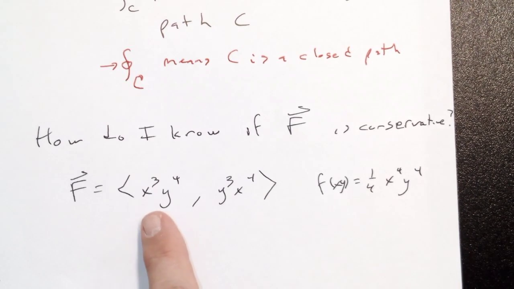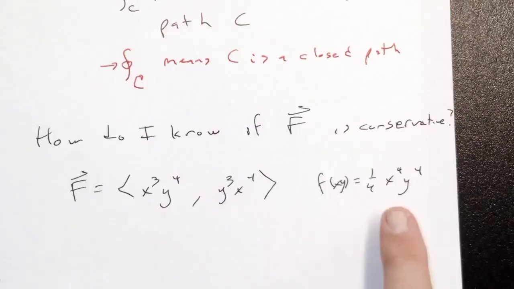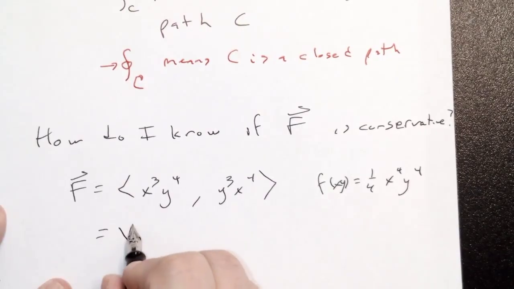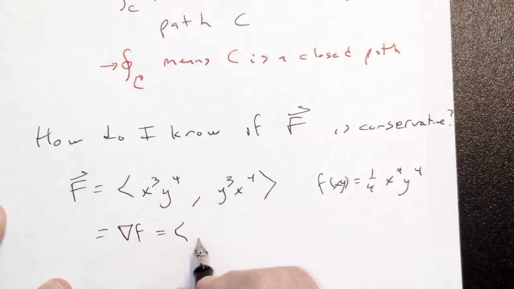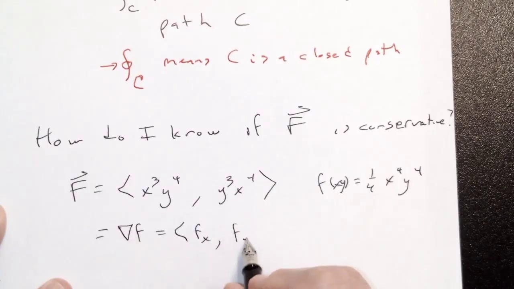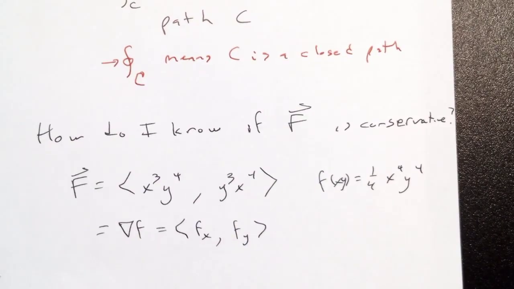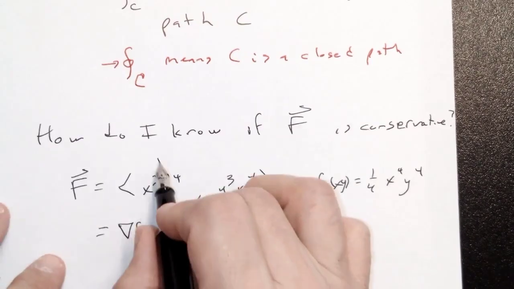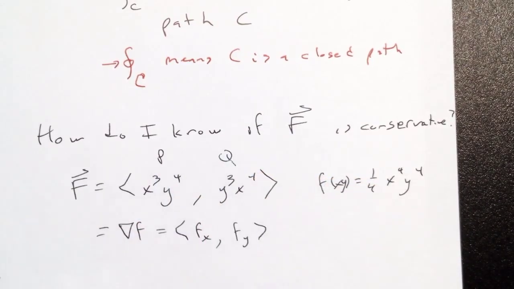This is the x derivative of this function. This is the y derivative of this function, right? That's what it means to make this the gradient of f. That's partial of f with respect to x and partial of f with respect to y. Now, normally we call these things P and Q. When we're dealing with a vector field, the component functions are P of x,y and Q of x,y.